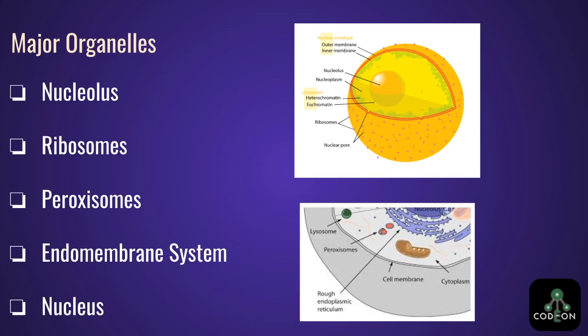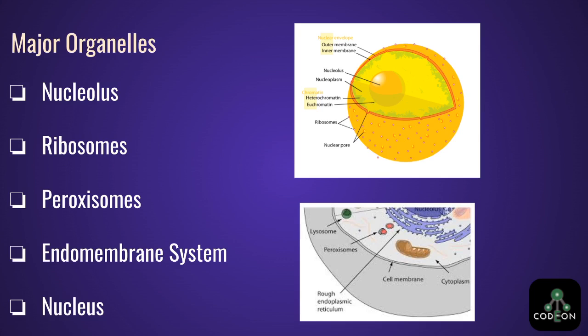Now, the endoplasmic reticulum, there's going to be two types that you need to know. There's the rough and the smooth. In short, the rough is going to be responsible for the synthesis of different proteins on the attached ribosomes on the endoplasmic reticulum, and it's also going to store calcium ions.